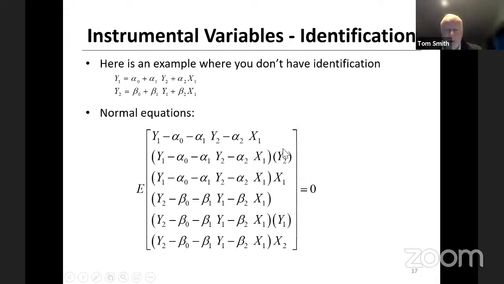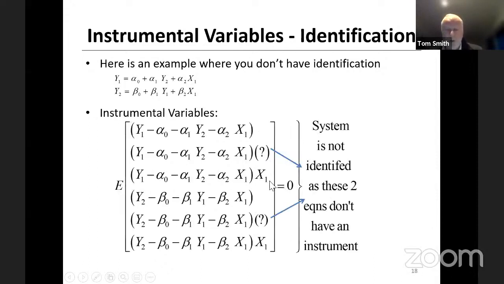I've got the endogenous variables circled here in brackets, so we need to replace them with exogenous variables, with instrumental variables, because we know that y2 is correlated with this error, and y1 is correlated with this error. However, we've got nothing to put in, right? If we put in x1 here, we've already got it in the third equation, so we'll have the identical equation. That is, the parameters alpha 0, alpha 1, alpha 2, we can't estimate them uniquely.